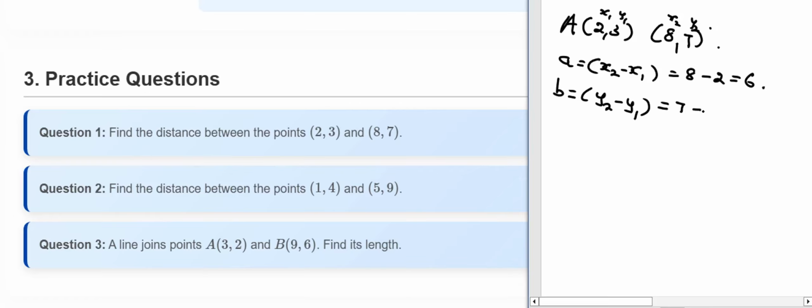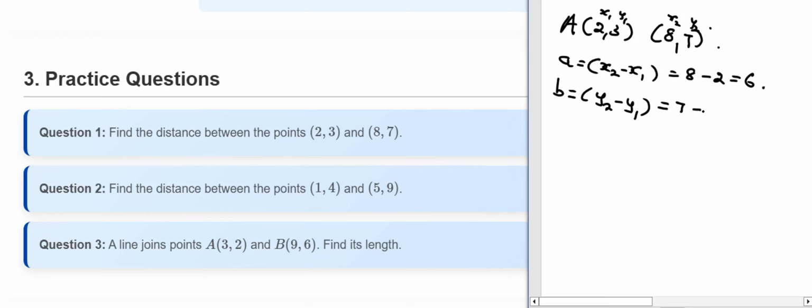So what is the square root of 52? You can use our calculator and see what the square root of 52 is. And you see the distance between those 2 points is 7.211.